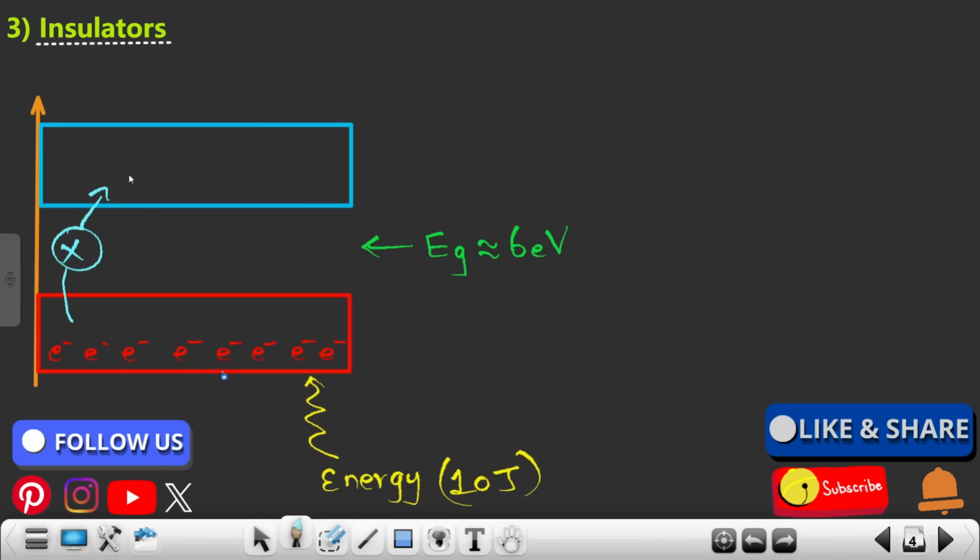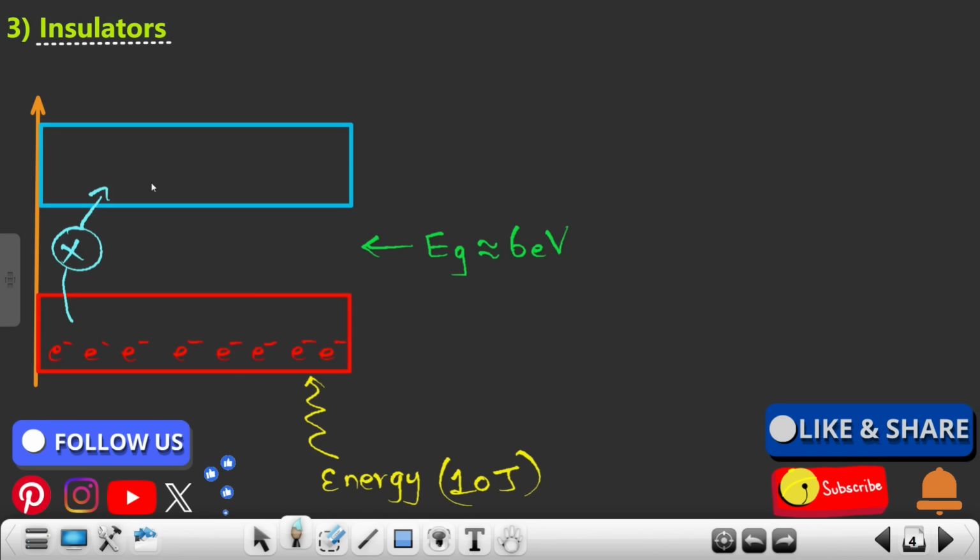The conduction band of wood or diamond doesn't have enough electrons present. Again I will repeat, in case of an insulator, freely available electrons are not present in the conduction band.